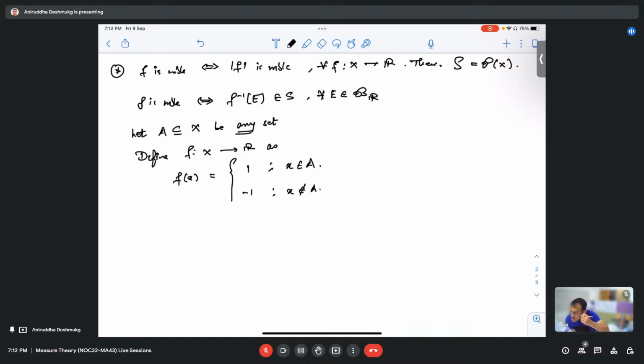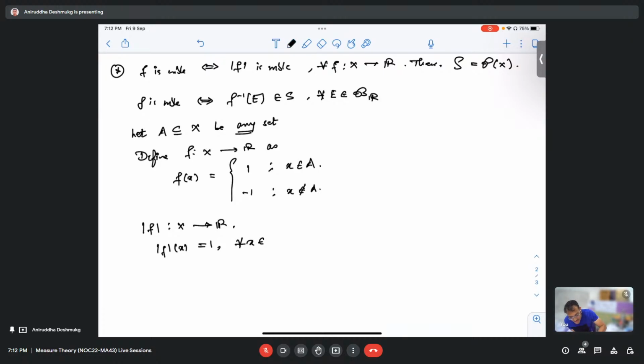What can you say about mod f? It is the constant function 1, right? For every x in capital X. So therefore, is mod f measurable?